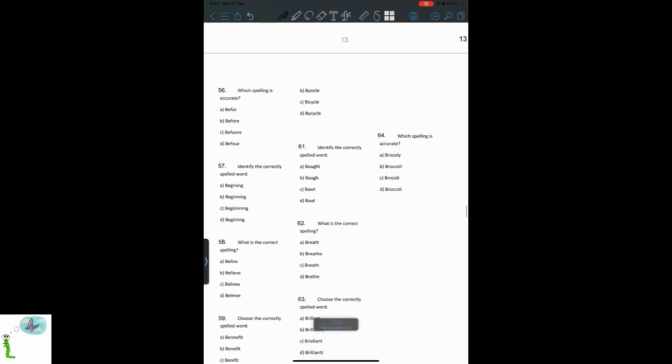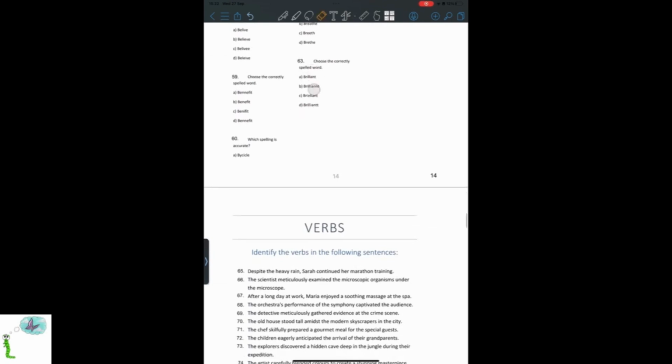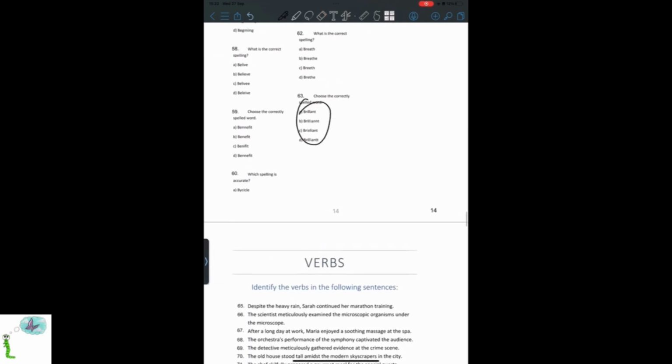So try and write more with the ones you're getting wrong. If you got brilliant wrong, whenever you're writing sentences in the start of next lesson during the vocab, try and use brilliant and try and spell it right.